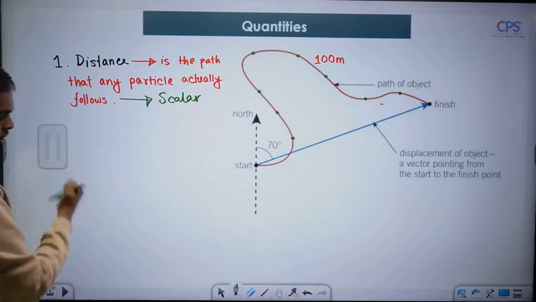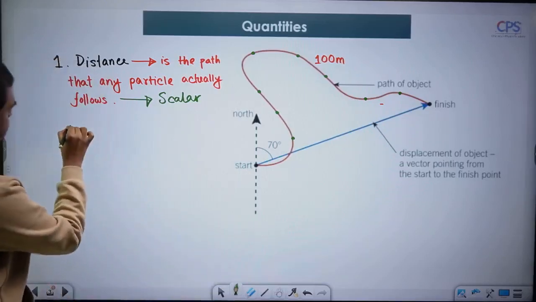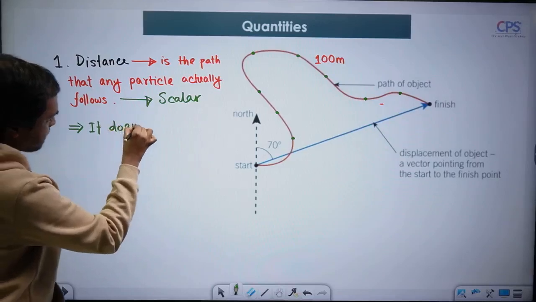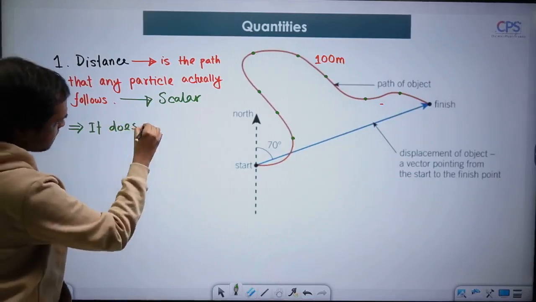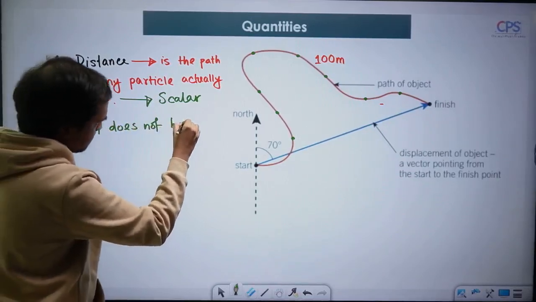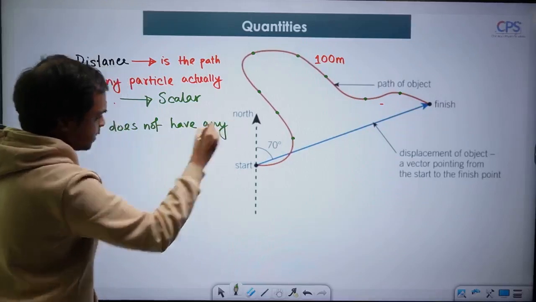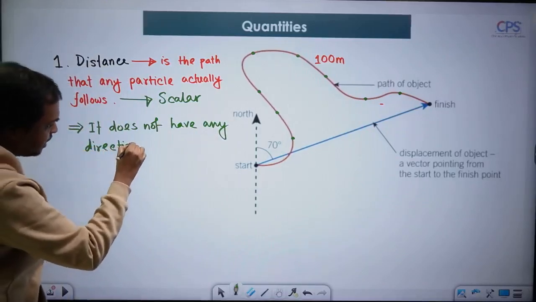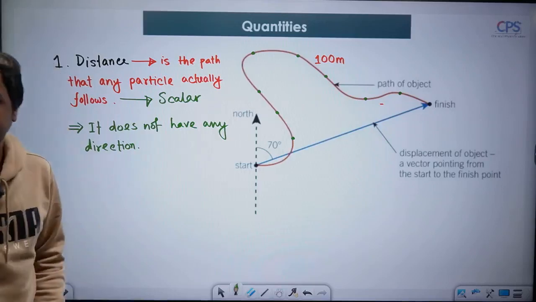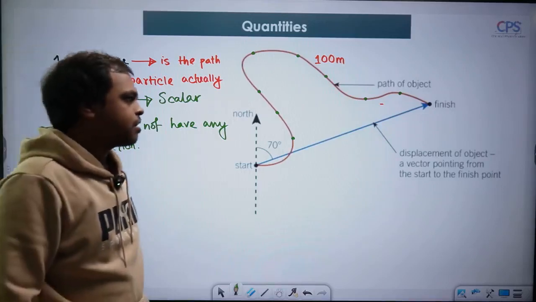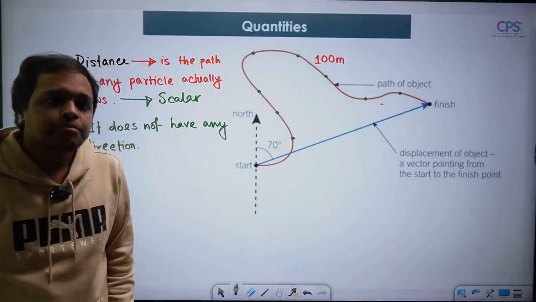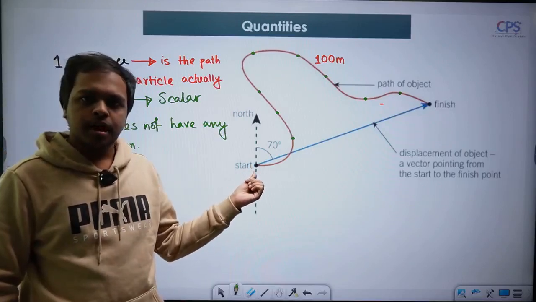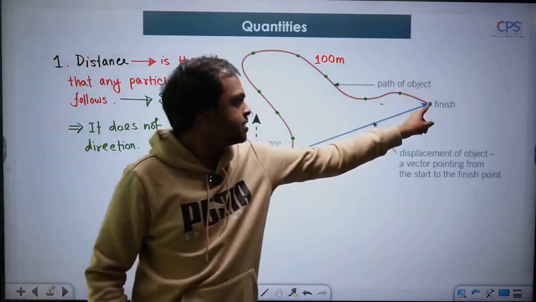So I'll just write it here. It does not have any direction. But if we think about something with direction here, let's say I'm telling you to start from here and end in this position.